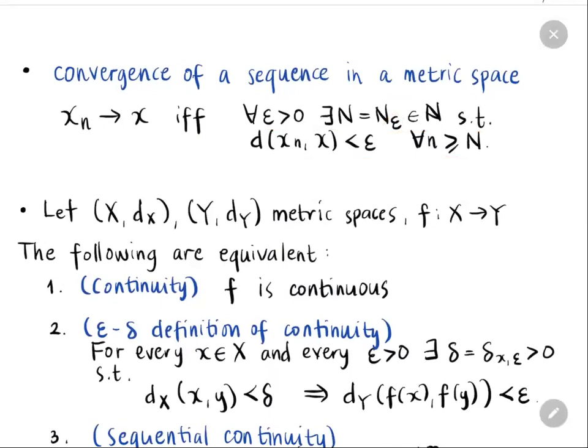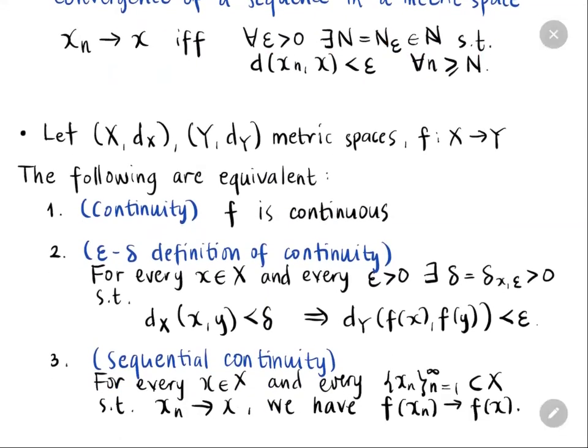Next, in terms of continuity, we have the following. Suppose we have a function f from X to Y. X and Y are metric spaces having metrics D sub X, D sub Y, respectively. Then continuity is equivalent to the following formulations. The first one is the familiar one, the epsilon-delta definition of continuity.